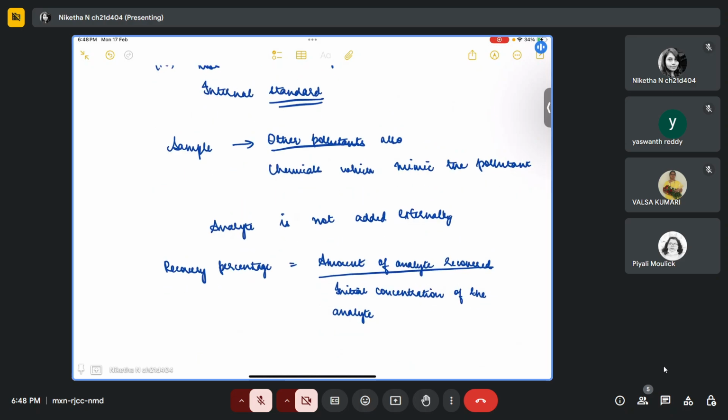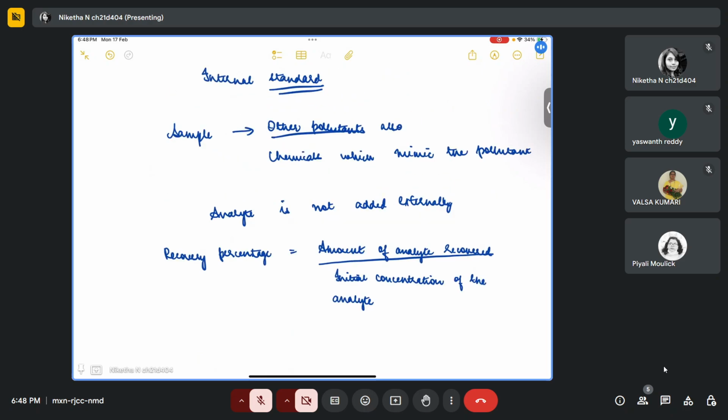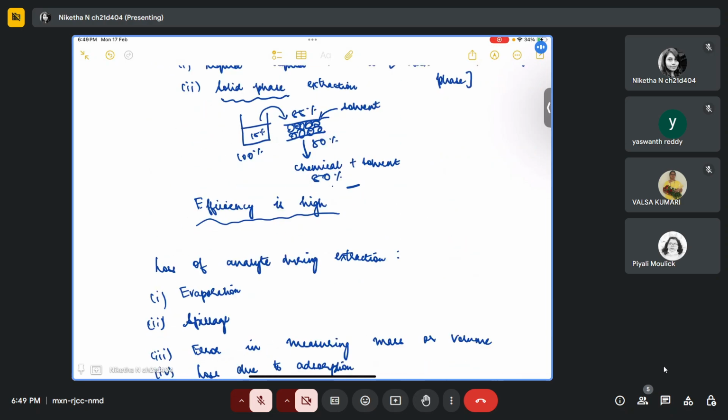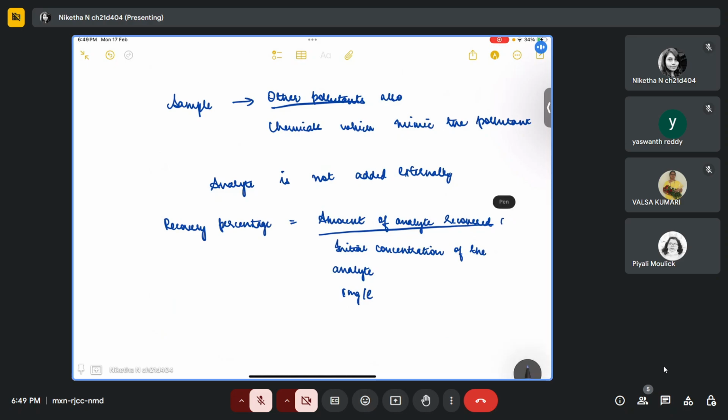So when we say the recovery percentage is 80%, what we mean is we will check what is the amount of analyte which is recovered after the extraction process. So let's say the initial concentration is 1 milligram per liter, and we are recovering only 0.8 milligram per liter.